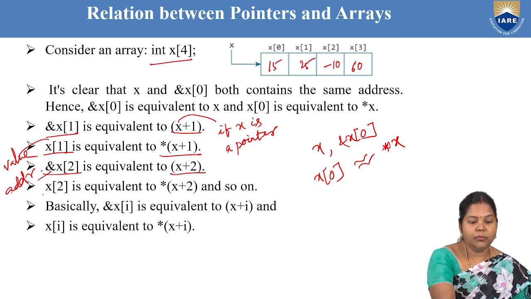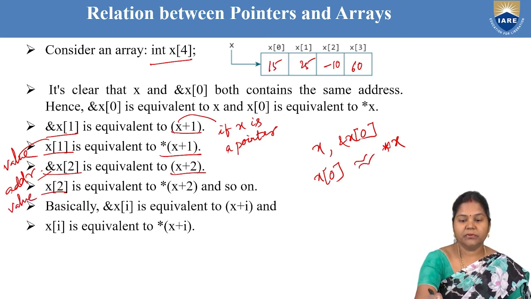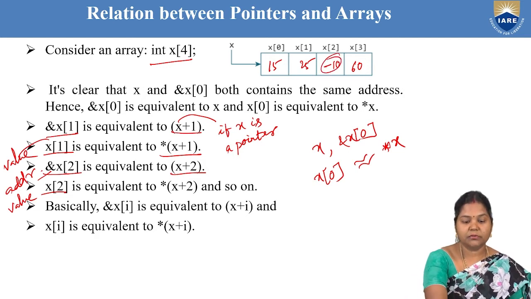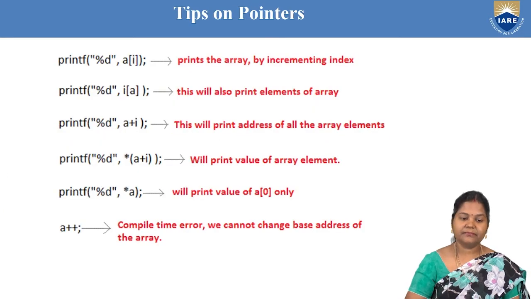Now if you want to refer to the value, x[2] refers to the value in the second position, which is nothing but -10. In pointer form, you can write *(x+2). x+2 refers to an address and *(x+2) means the value at that address. So this is the way it can be written. This is the relationship between pointers and arrays.